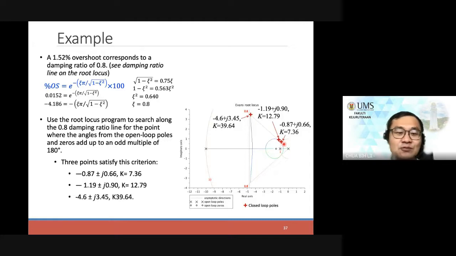But when we do not have the software, we just do the trial and error. Remember, for trial and error, you just need to use KGH equals to -1, and also make sure that the angle is (2k plus 1) multiplied by 180 degrees.